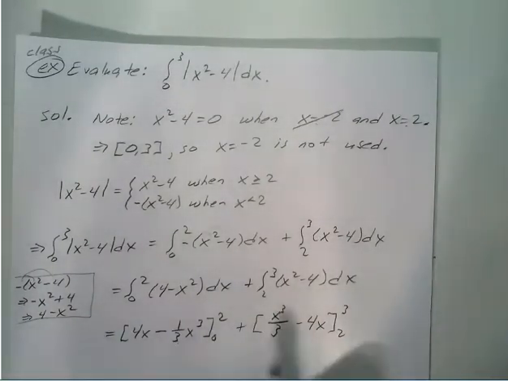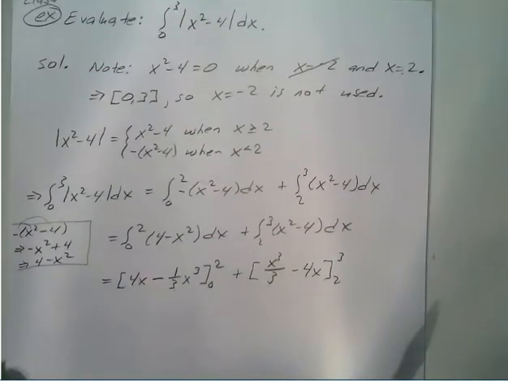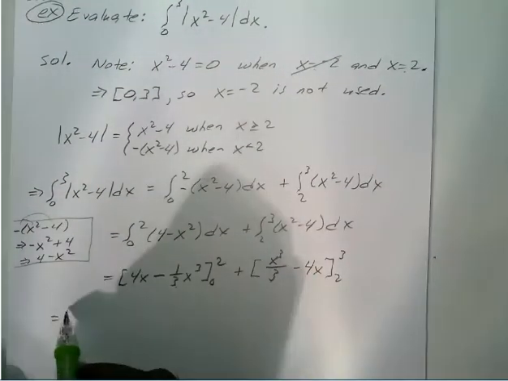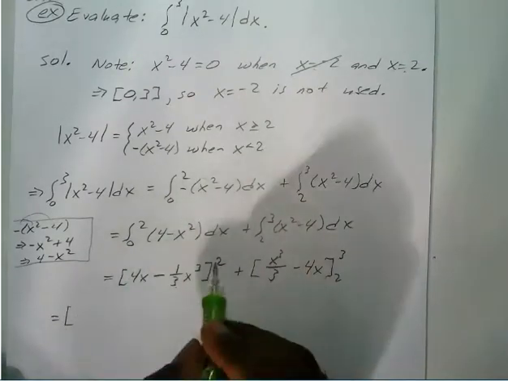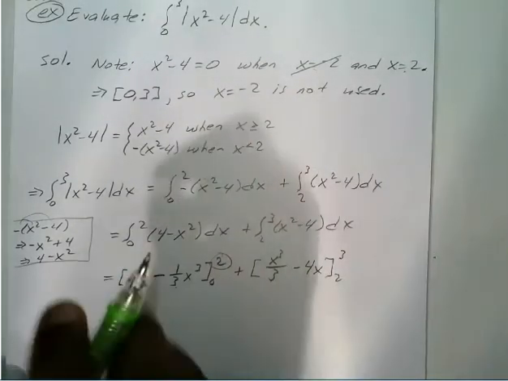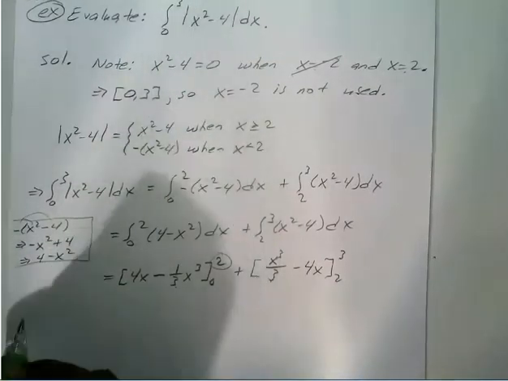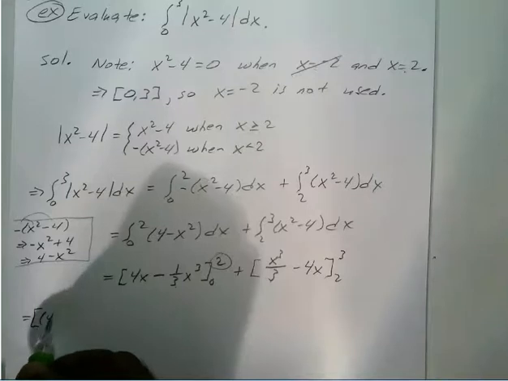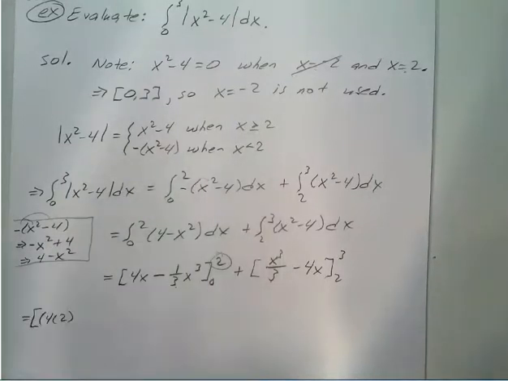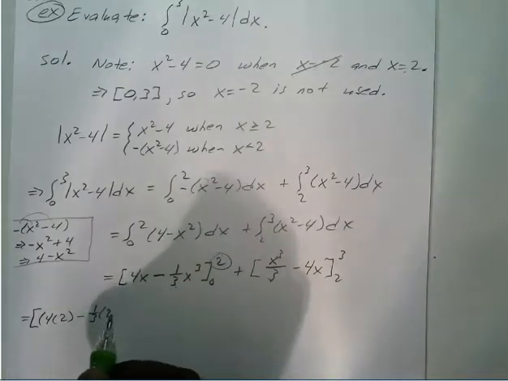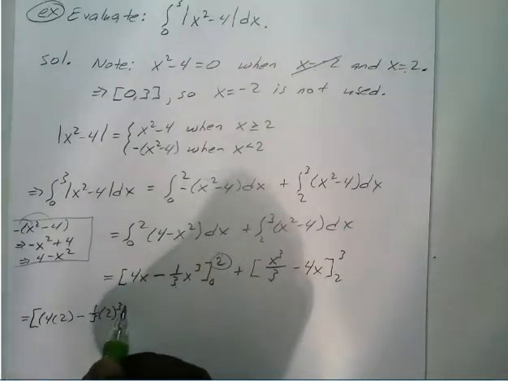Okay, so now we go ahead and solve each one of those. Okay, so that becomes, first we plug in our 2. We move this over just a little bit more to make sure I have enough room. So you have 4 times 2 minus 1/3 times 2 to the third power.